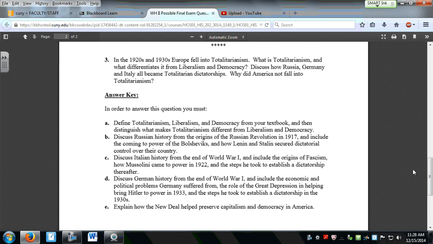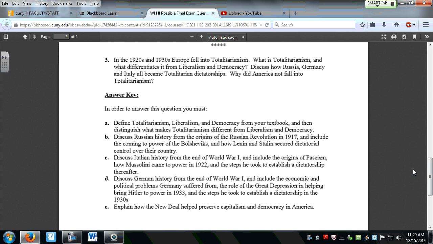Go to your textbook, either read chapter 29, which defines these terms, and if you don't find it immediately, go to the back of the textbook, the index, look up the terms there, and then get a working definition for all 3. Totalitarianism, liberalism, democracy.